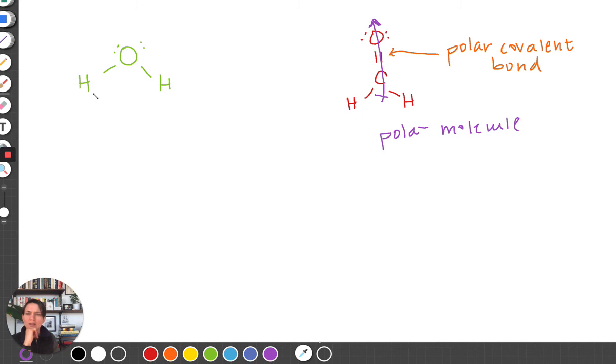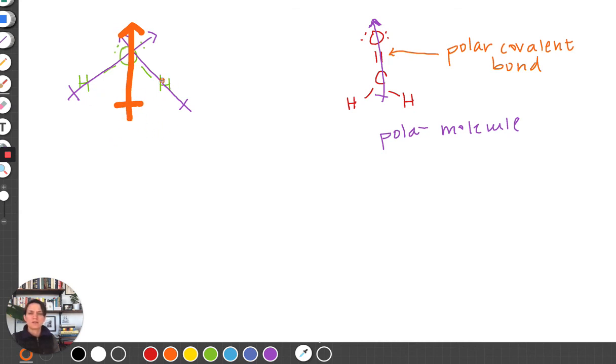Here we have our water molecule. Hydrogen is less electronegative than oxygen. Those are polar covalent bonds. And so this is kind of a cool concept. If we were to add those two vectors, we would have a kind of aggregate dipole like so.